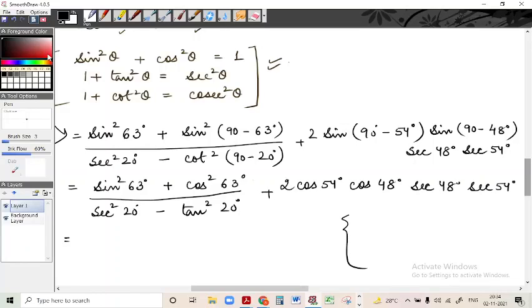Over here we are going to apply sin square theta plus cos square theta is equal to 1.